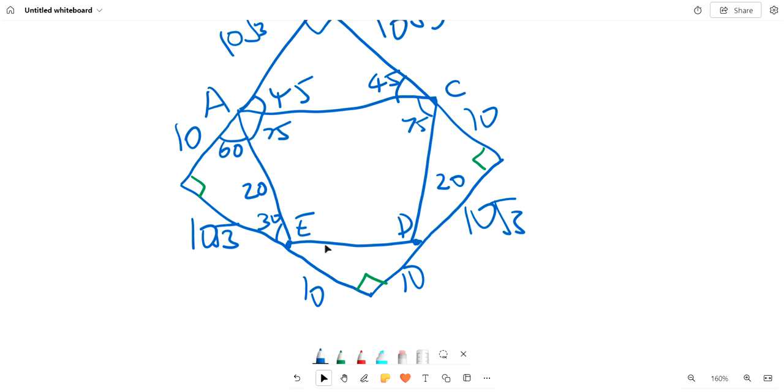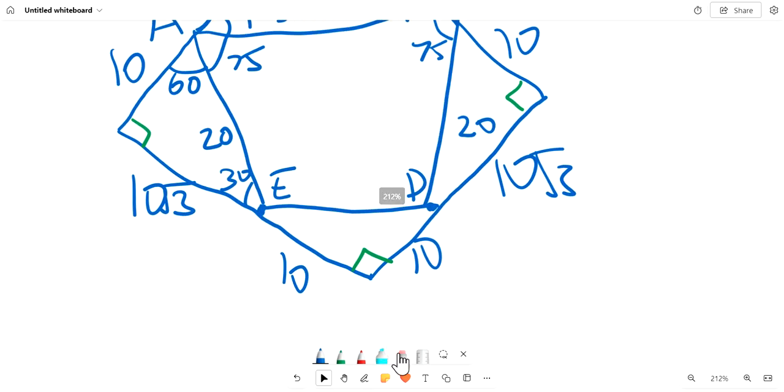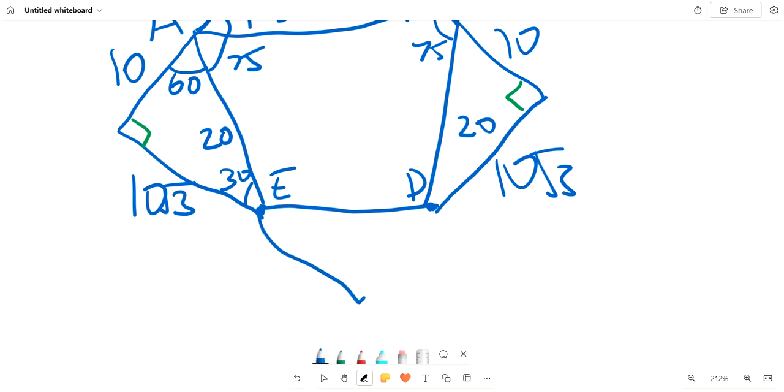Why is this drawn so bad? Because we're just kind of sliding it over. Let me redraw this for a second. Okay, here.